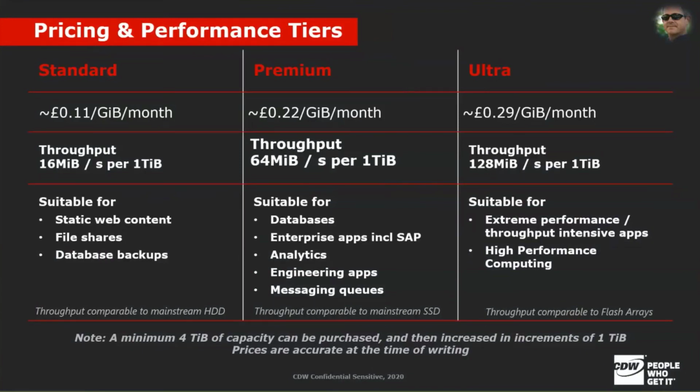As an example, 4 terabytes at the standard tier hosted in the UK region at the minute is approximately £450 per month. Whether you are using a gigabyte or 4 terabytes, it's still £450 per month for that capacity pool. And obviously it goes up in terabyte increments after that.